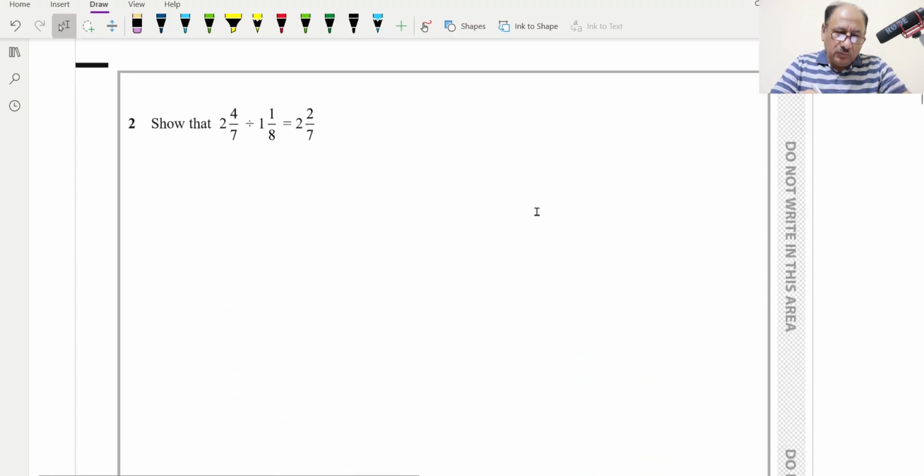Now question number 2, this is saying show that this is equal to this one.